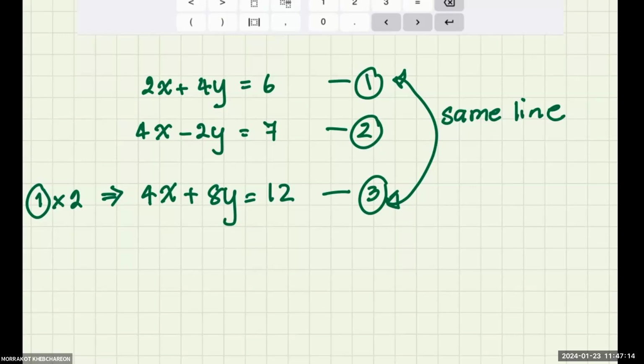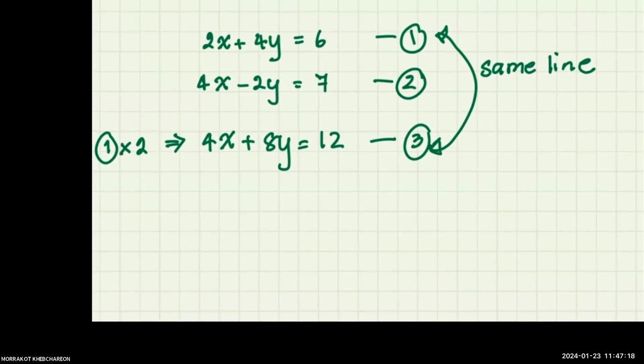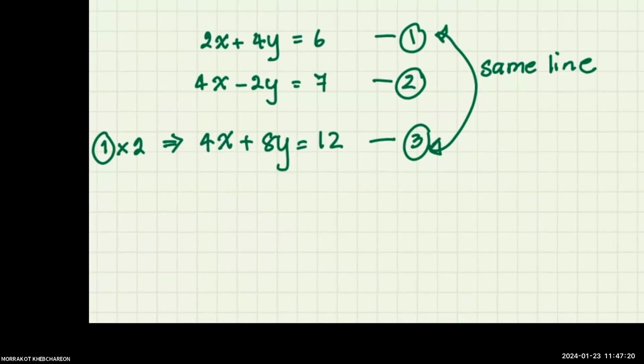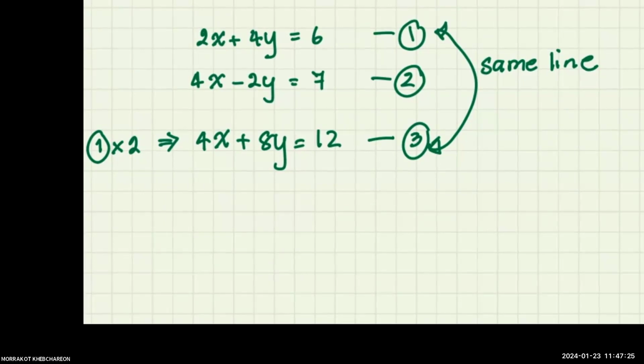How about if I have number 3? Now equation number 1 and number 3 are the same. The solution of number 2 and number 3 is going to be the same, right?